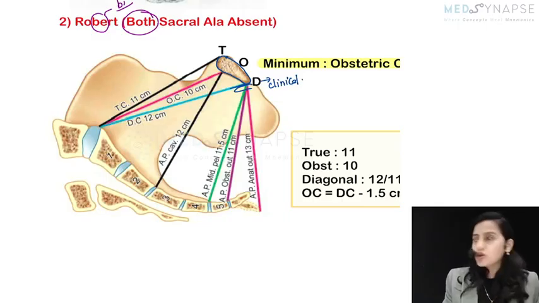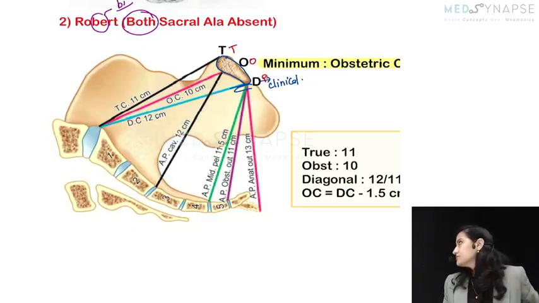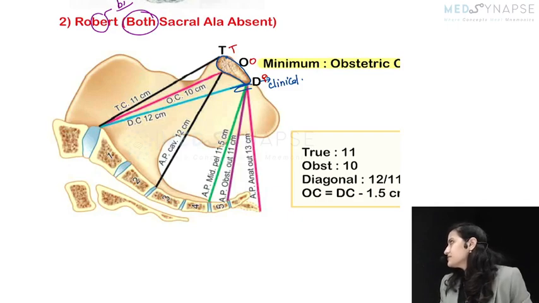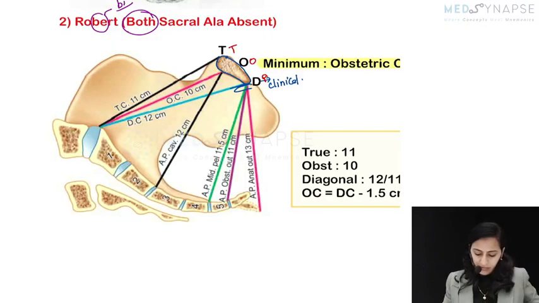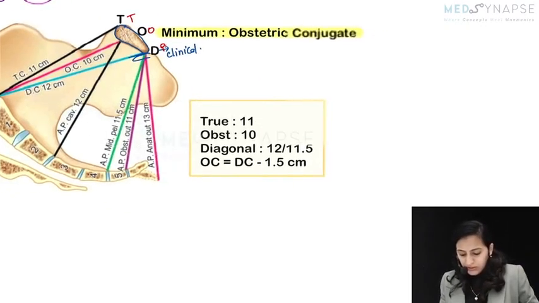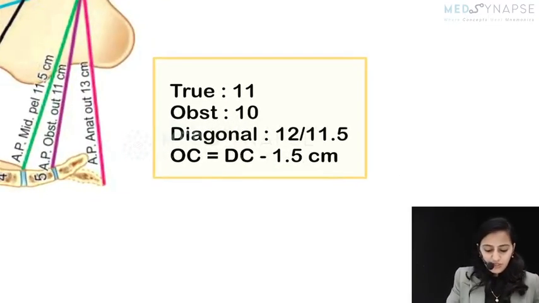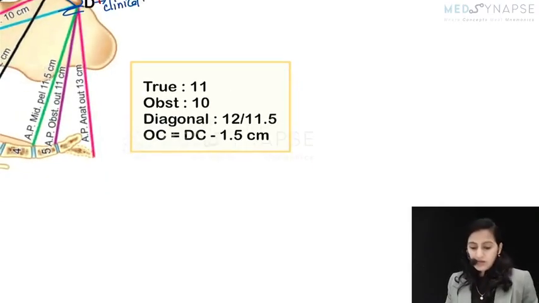So remember, from top to bottom, it is TOD. Top to bottom, it is TOD: the true conjugate, the obstetric conjugate, and the diagonal conjugate. So true conjugate is how much, obstetric is how much, and diagonal is how much?